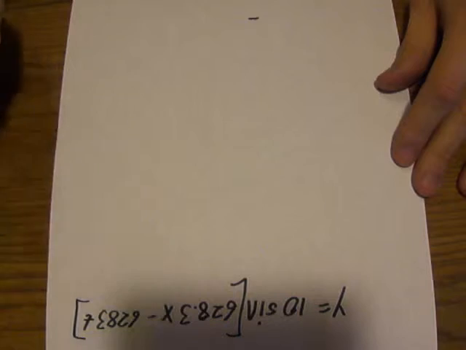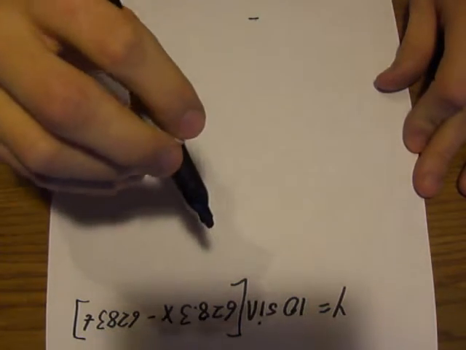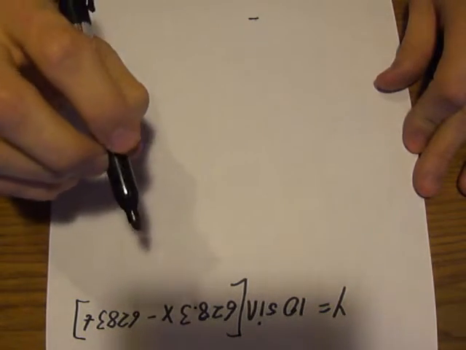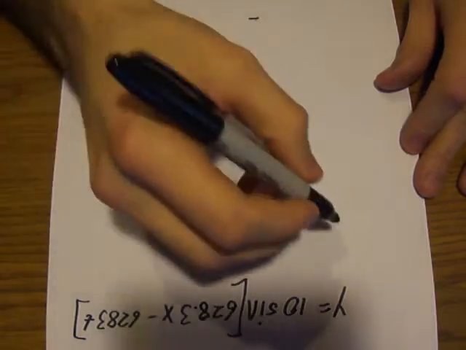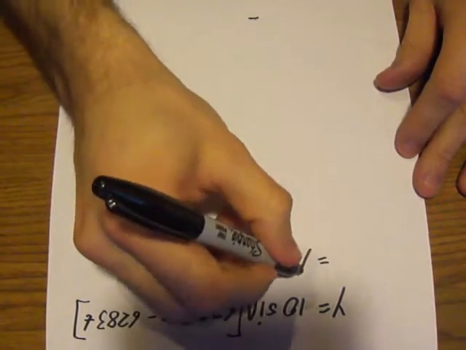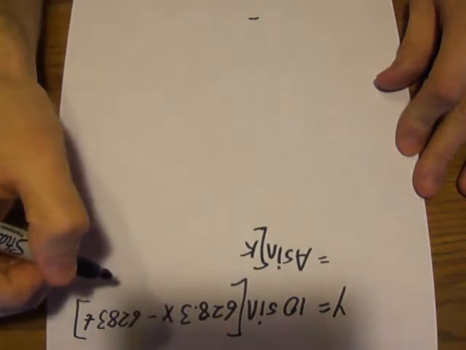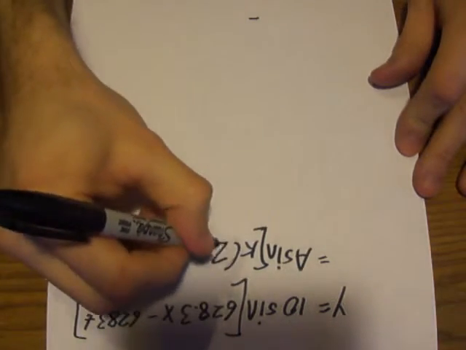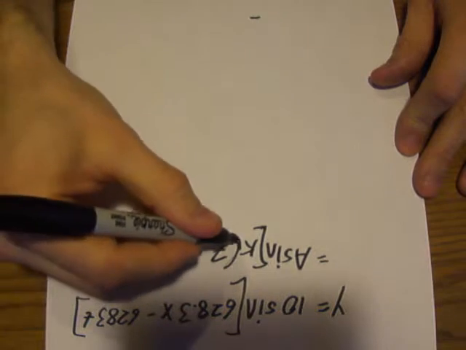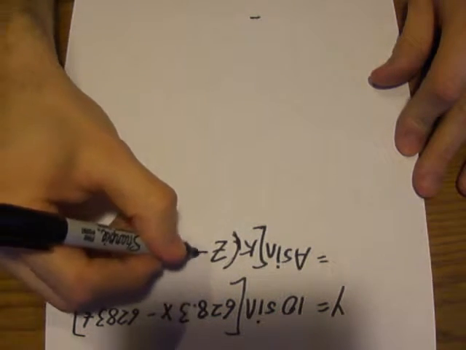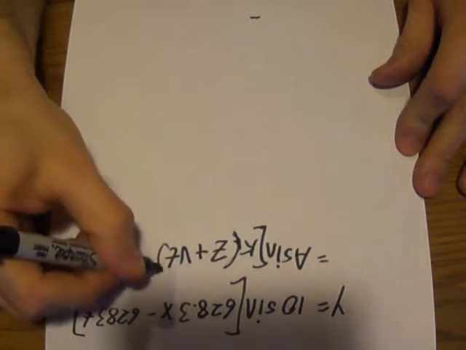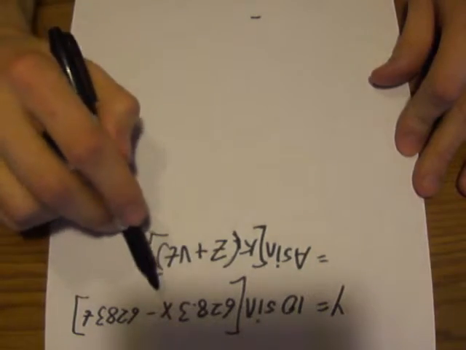Now we're usually given the wave equation in a slightly different form, and I'll write that out real quick. We're given a sine of k, where that's the propagation constant, times z, which is the phase, plus vt. But this is not in that form.